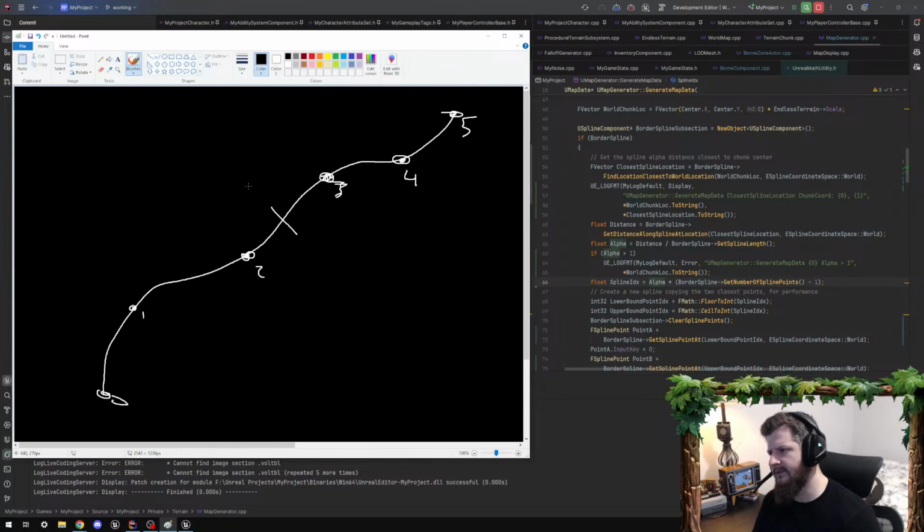And so if I get 0.5 here, I get 0.5 right here, then 0.5 times number of spline points minus 1, which is 4, times 4, that equals 2.